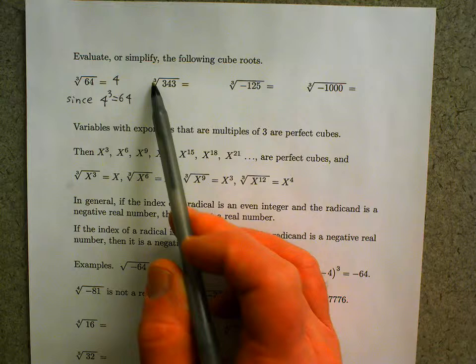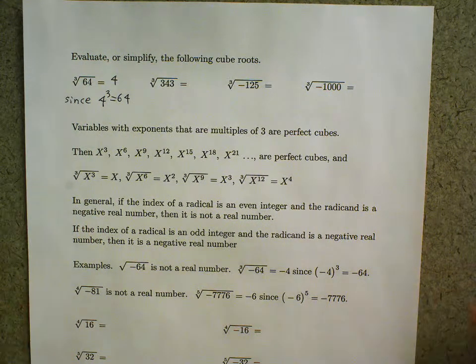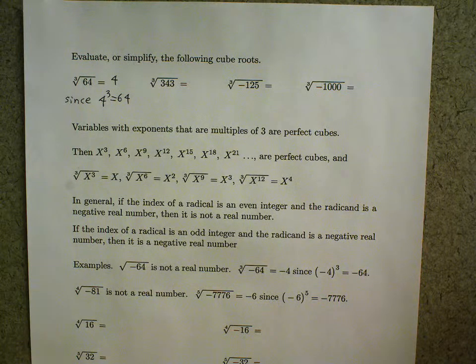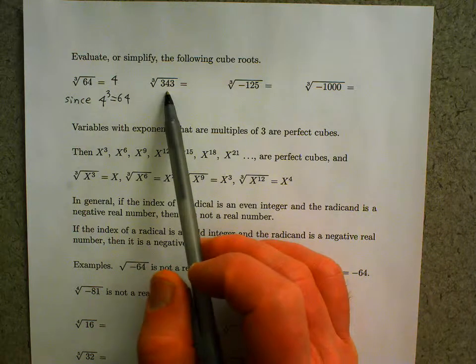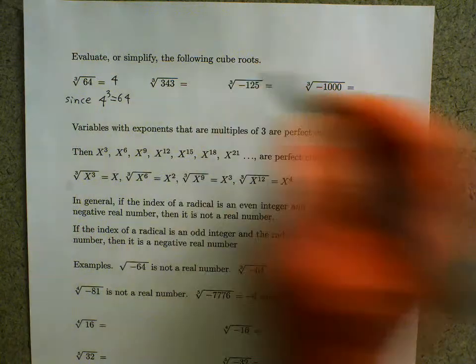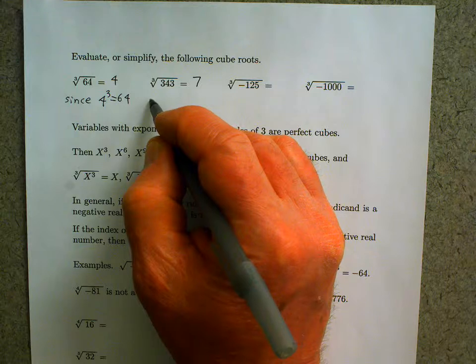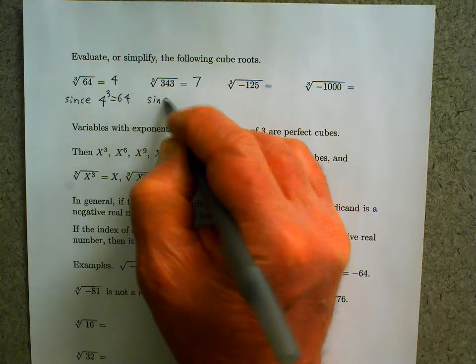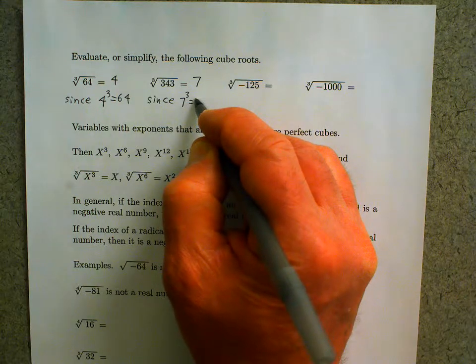Okay, then the cube root of 343. So 343 is a perfect cube. So the cube root of 343 is equal to 7, since 7 to the third is 343.